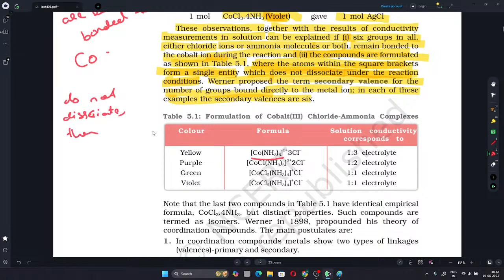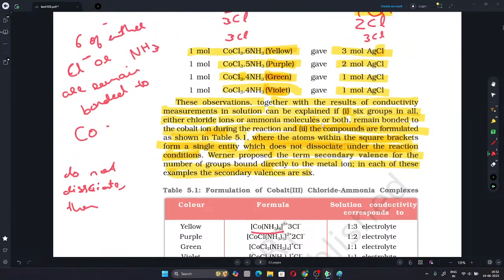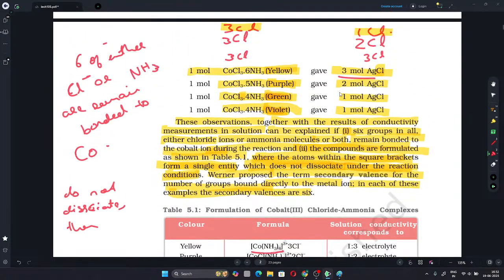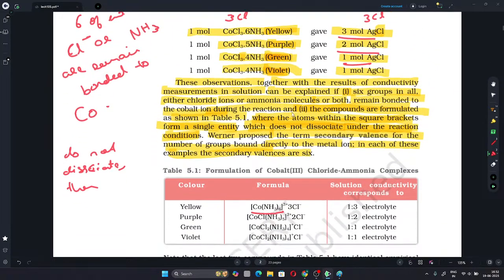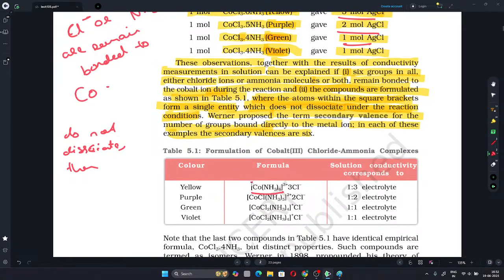Then also what we saw here, where it was giving less and less amount of AgCl, when these don't dissociate, then also it is possible that we get them. This is the second case.